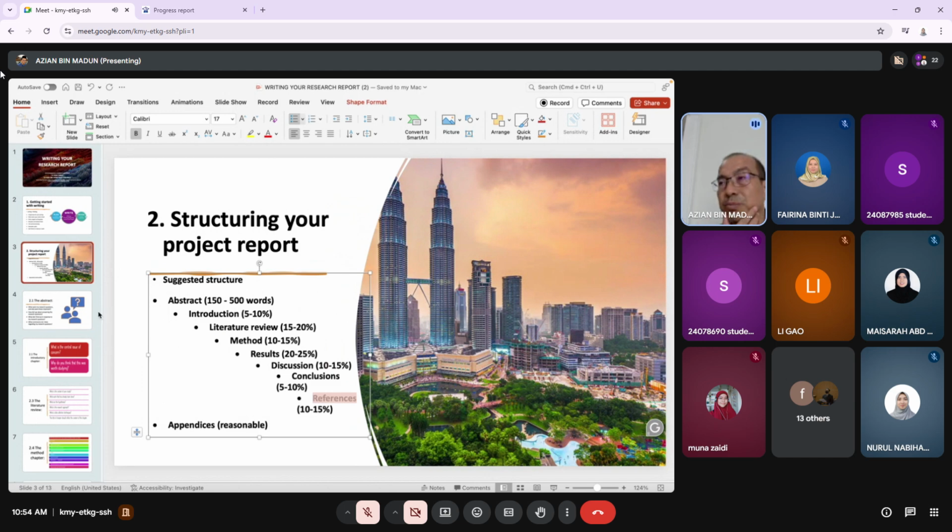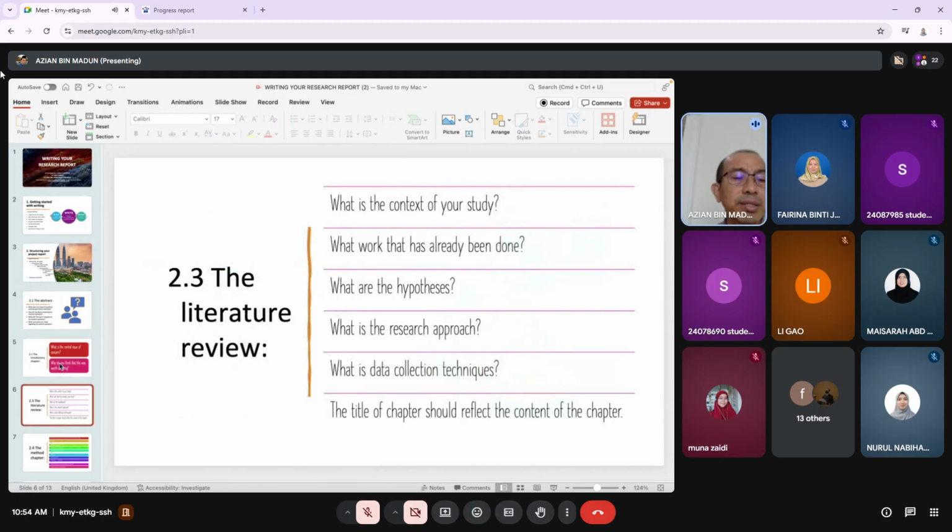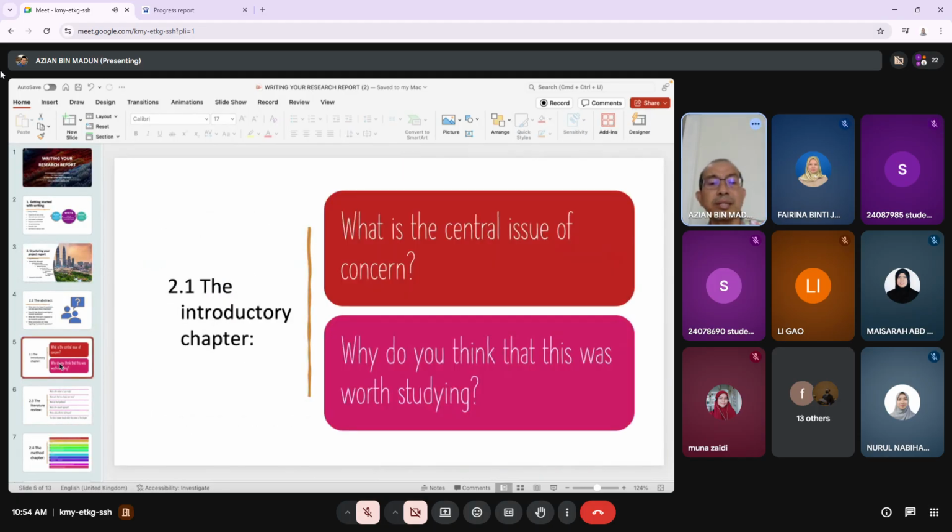When you cite a book, make sure you at least have an idea of what the author was talking about. Don't just put it there because you want to make your thesis thick and look like it has many references. It's not like that. Make sure your references support your introduction.